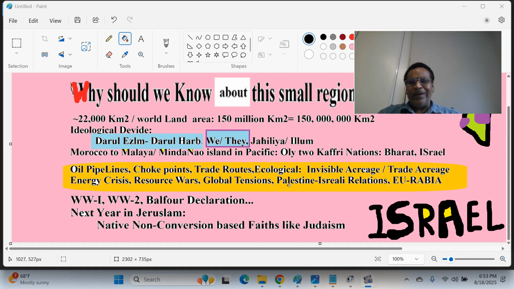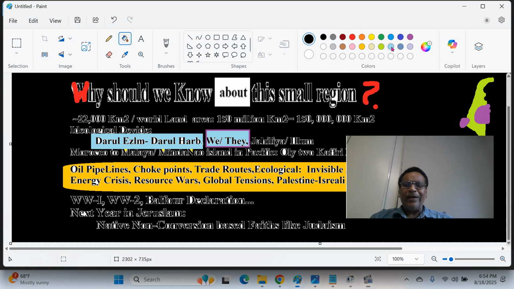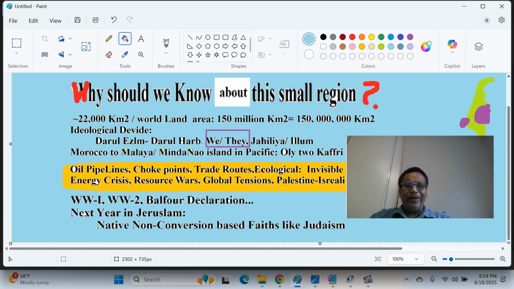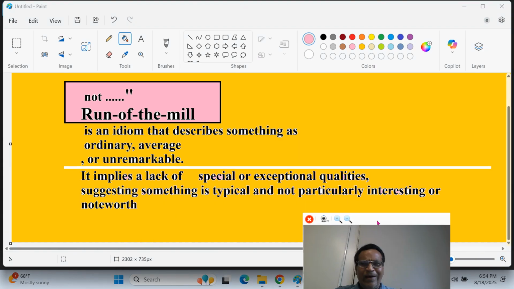Also, the energy crisis and the choke points and everything, the entire concept of we and they, Darul Islam and Darul Harb, because from Morocco to the Mindanao Islands in the Pacific, that is one of the two major Kafiri nations, the other being Bharat, which is constantly fighting with this type of ideology, and it is so necessary to know about these things so that we get a deeper and broader understanding of the current global socio-political paradigms. In a sense, this is a serious topic that helps you if you're interested, not a run of the mill topic.